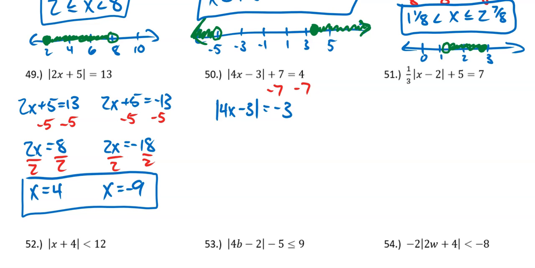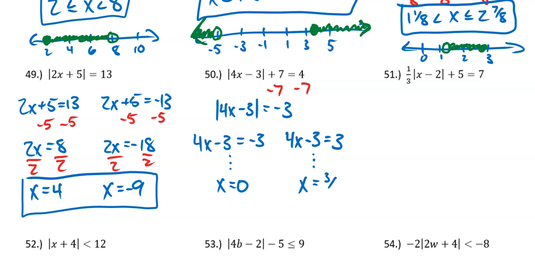If I did, I would get 4x minus 3 equals a negative 3, and a 4x minus 3 equals a positive 3, and I would solve each. I'm going to kind of abbreviate this for a second. Here I would add the 3 and then divide by the 4 and get x equals a 0. Over here, I would add the 3 and divide by the 4 and get a 6/4, which is a 3/2.